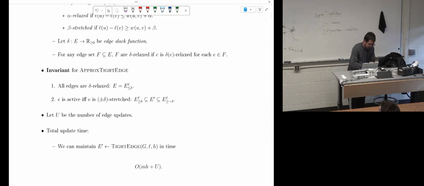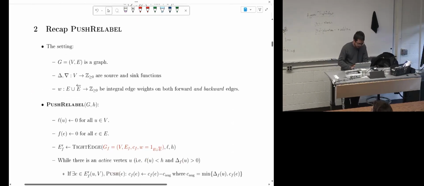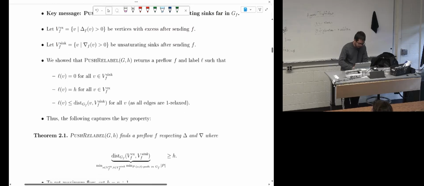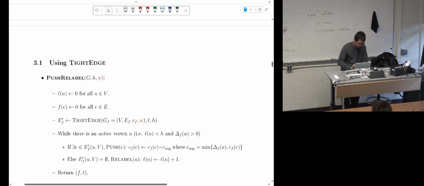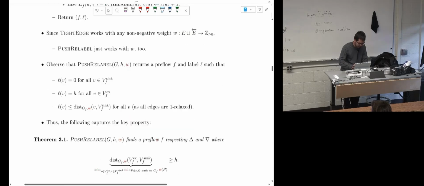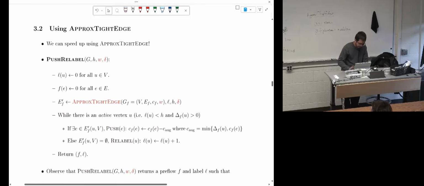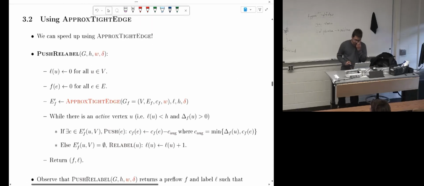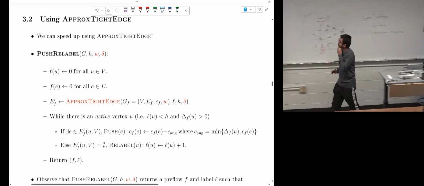Okay. So this is just the Approx TightEdge data structure, and let's see. Everything is fine except here. The one that uses TightEdge is just the same. But let's look at this one.